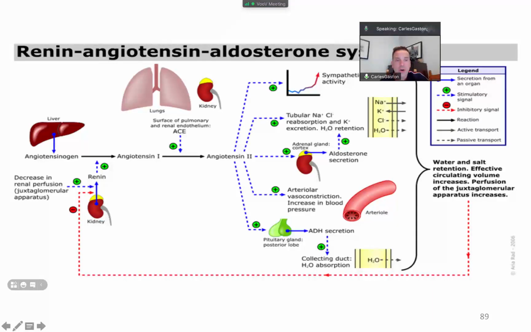So at the end, water and salt retention, very important. Also, if we don't have this system, we can die, because we will get dehydrated and we will get hypertension. So it's very important to know that aldosterone regulates sodium and potassium and molarity of the cells through the renin-angiotensin system in the kidneys.